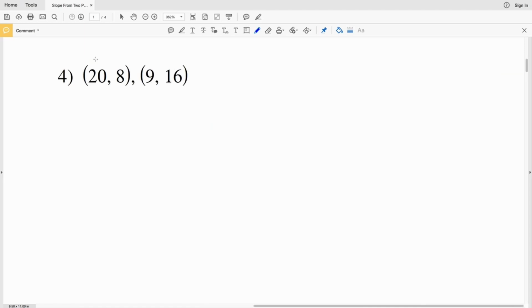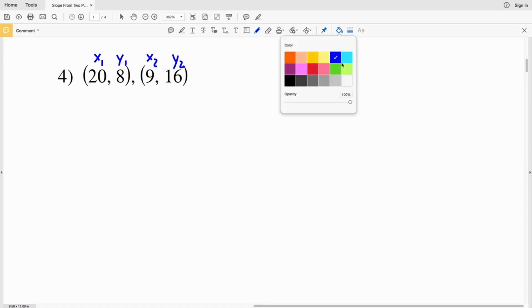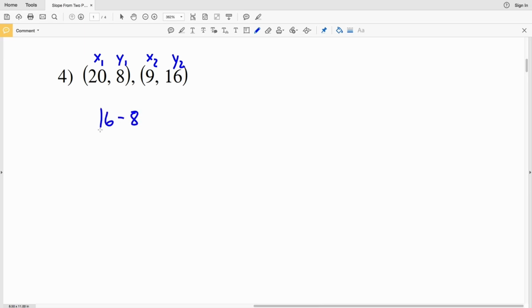And number 4, 20 will be x1, 8 will be y1, 9 will be x2, and 16 will be y2. y2 minus y1, 16 minus 8, over x2, 9, minus x1, 20. So you can see my 9 and 16 are my x2 and y2, and my 20 and 8, my x1 and y1, are being subtracted from those.